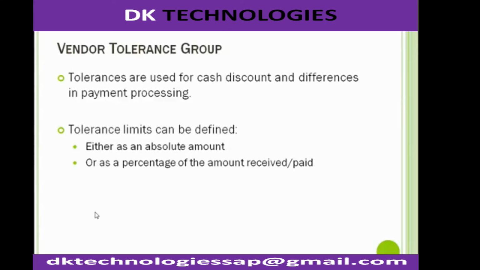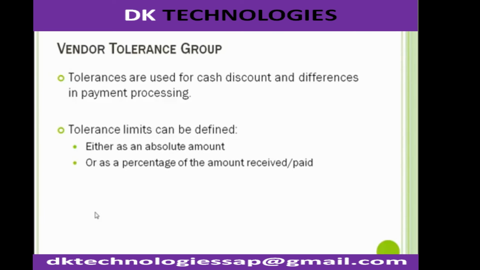As we did in the GL, we defined tolerance for cash discount, for payment differences. We even defined tolerance as an absolute amount as well as the percentage for differences in payment, if you remember.